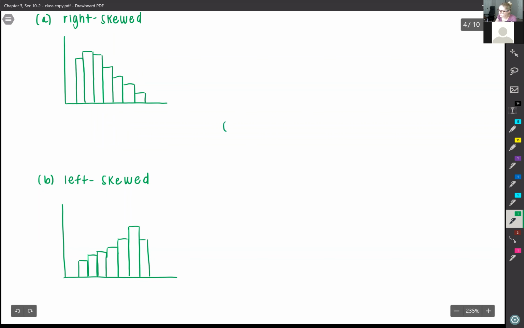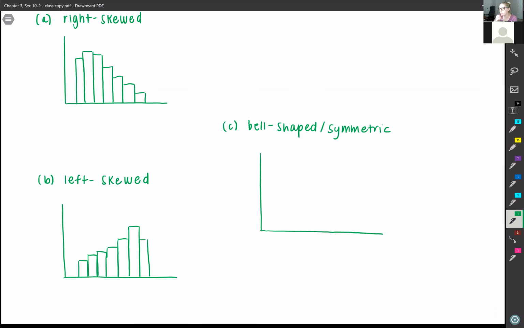Okay, and then lastly, I'm just going to draw that bell-shaped one, or we also called it symmetric, but bell-shaped, and it's symmetric. If we remember back, it's called bell-shaped because if you outlined it, it has like a bell curve to it. So this is a symmetric distribution, so both sides of the center kind of look the same.